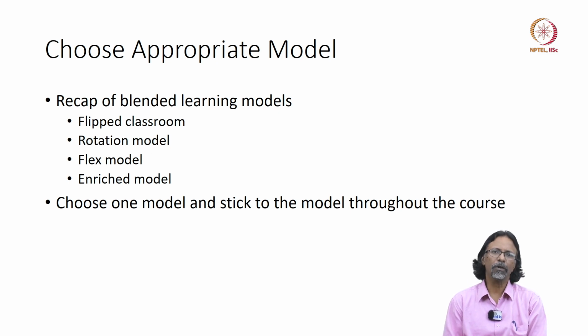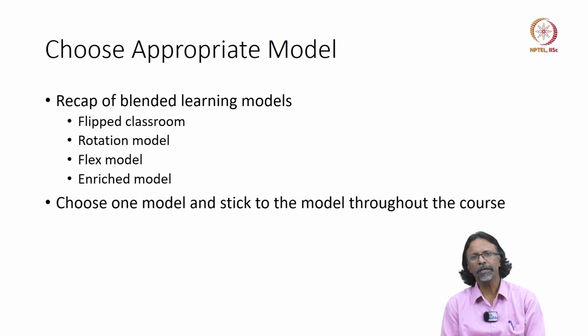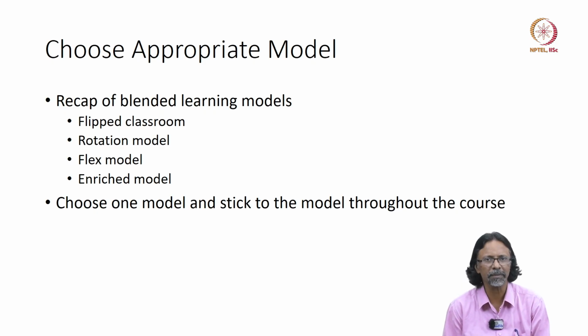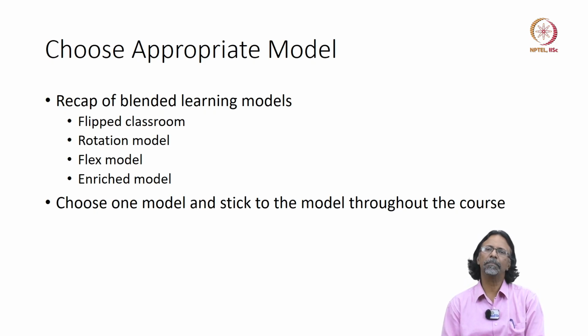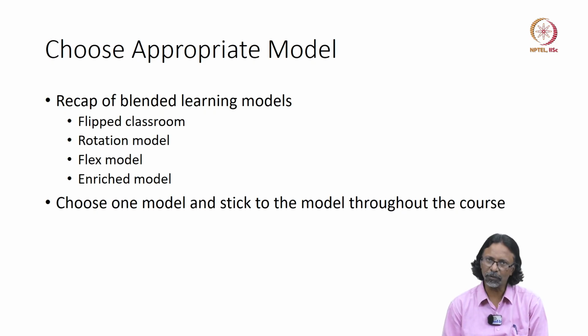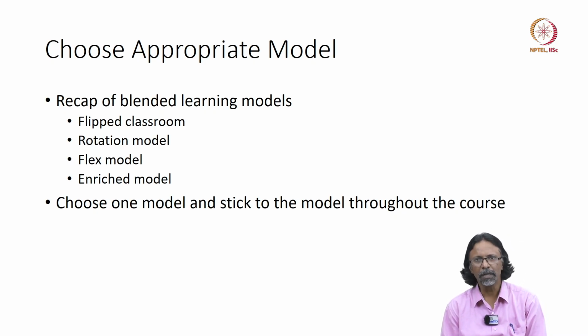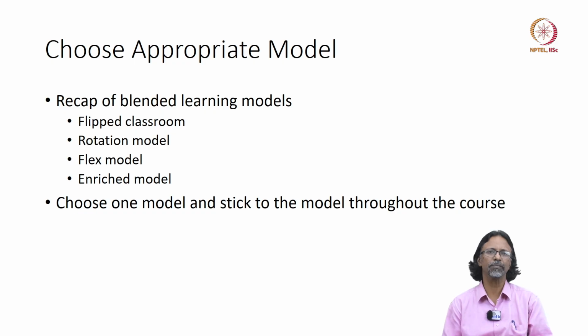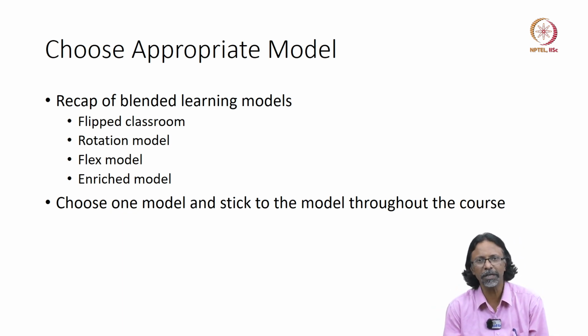Now, we also discussed which model is more suitable under what circumstances. For example, the flipped classroom model is generally quite useful for courses which are on campus and where students will have the ability to watch the videos, maybe staying in their hostels and during their free time, so that you have a very scheduled interaction opportunity with the students.